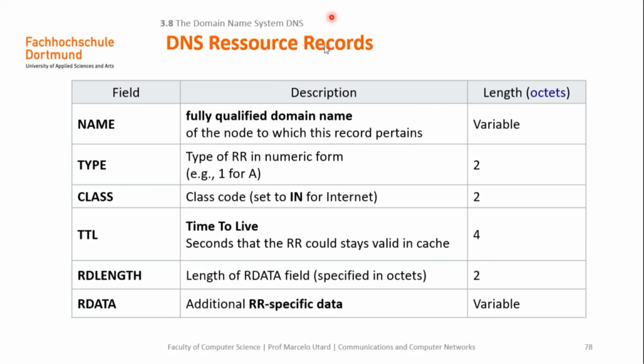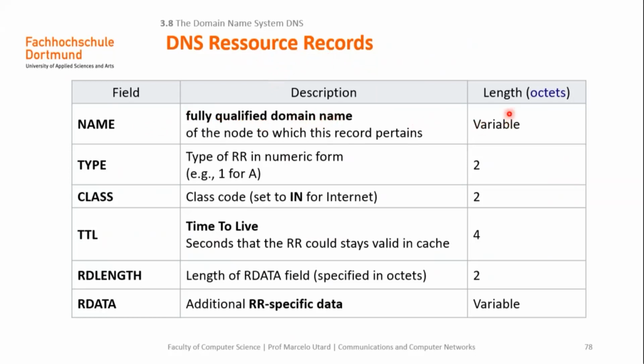Any resource record is a member of a zone and couldn't pertain to more than one zone. Then there is one and only one administrative entity that has authority over that RR. Any RR, any resource record, has a name that is a fully qualified domain name.